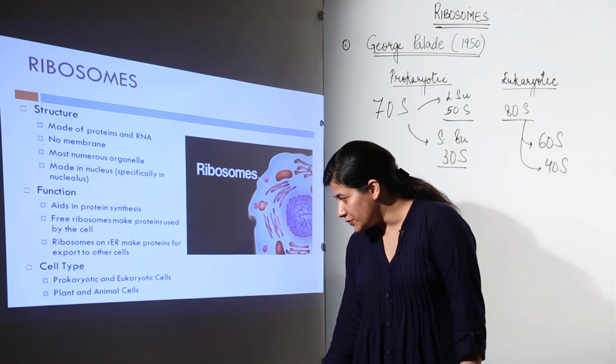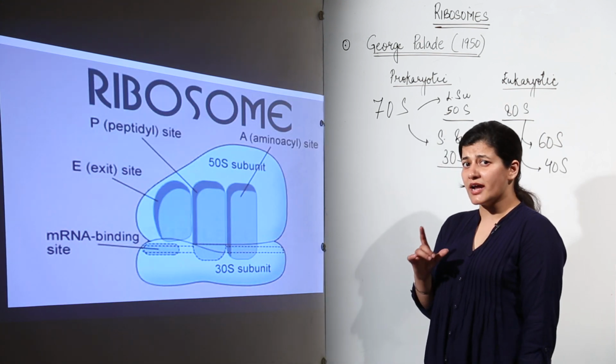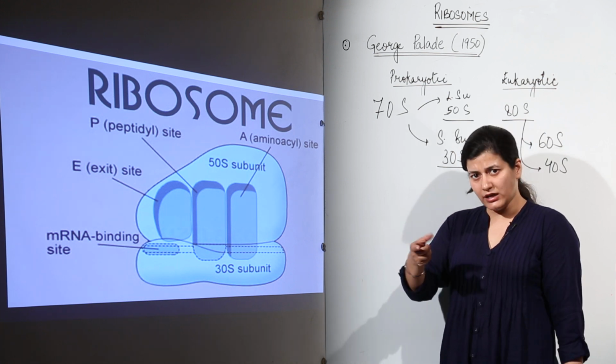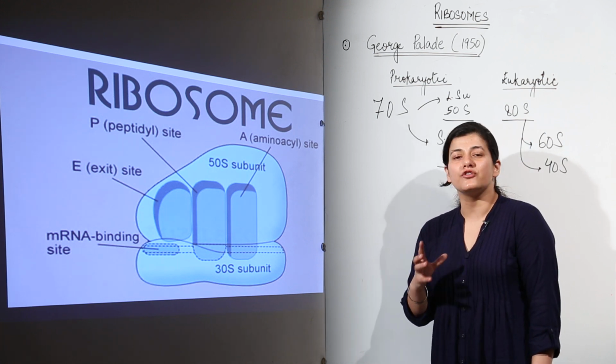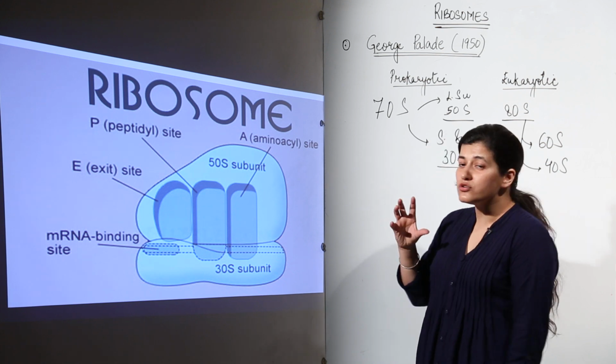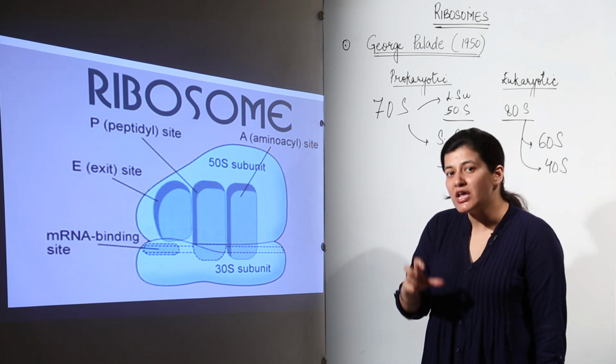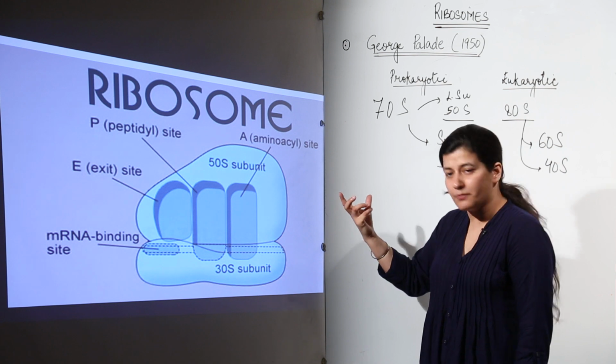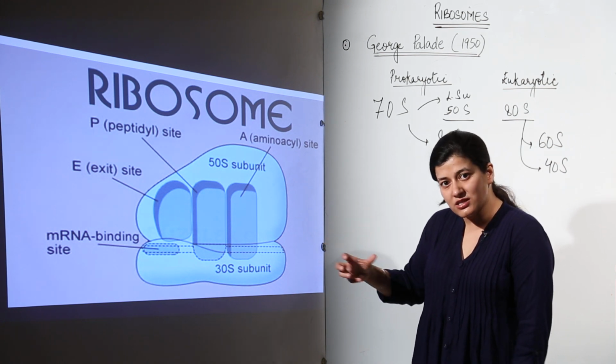Now the next thing we deal with is that, because time and again we are assigning only one function to the ribosome, protein synthesis, ribosomes have specific sites which act as crucial components of the protein synthesis process.